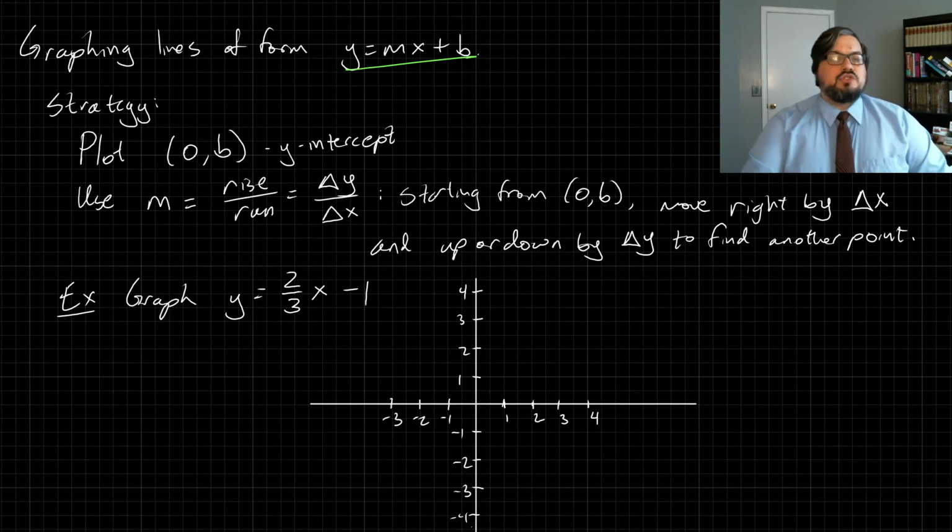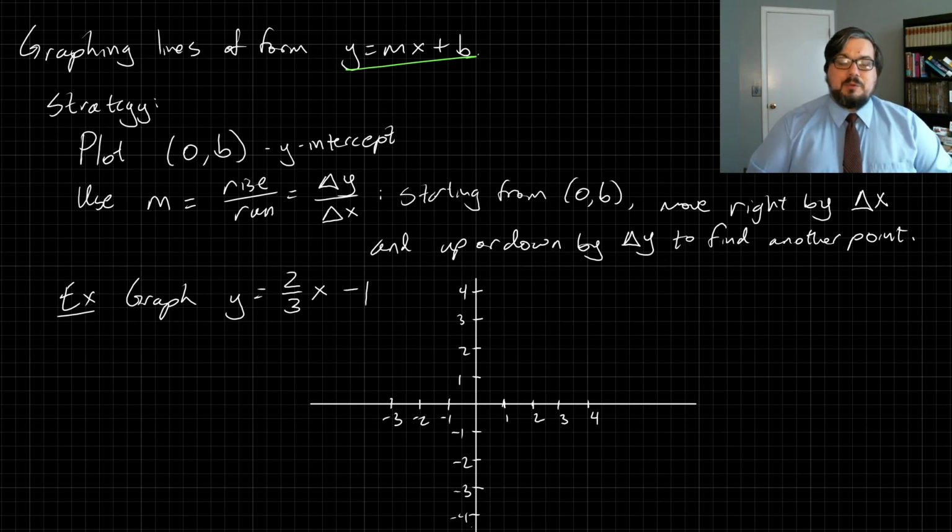All right, so first step, we want to plot the y-intercept. The y-intercept for this function can be read from the constant term over here on the right. So the y-intercept is going to be our point (0, -1).